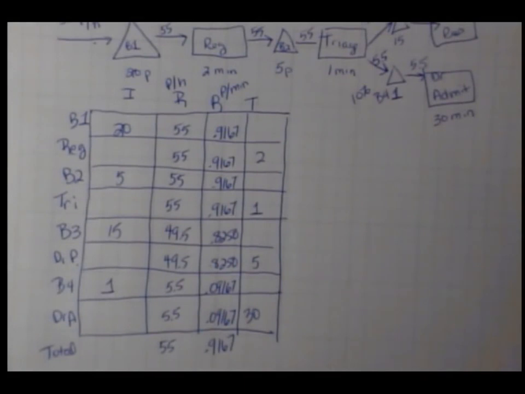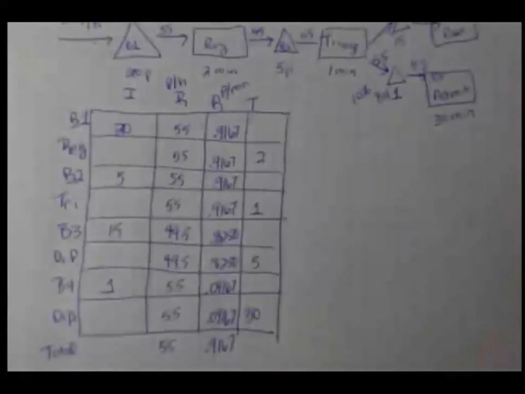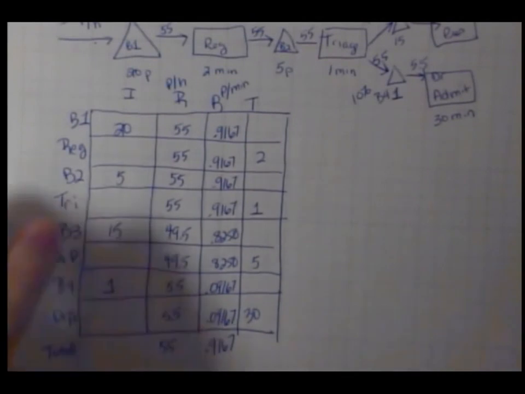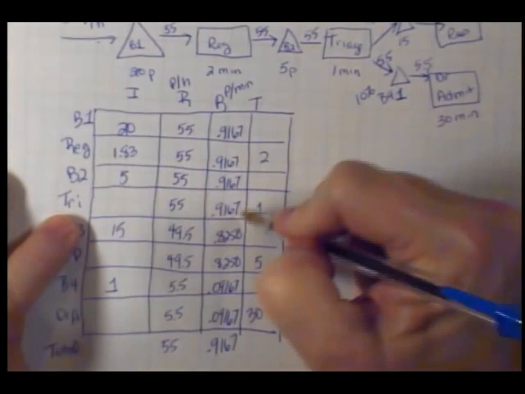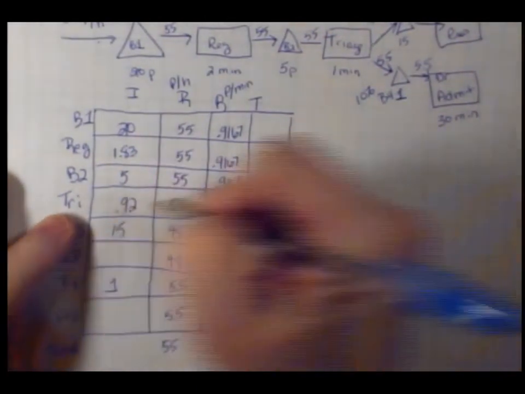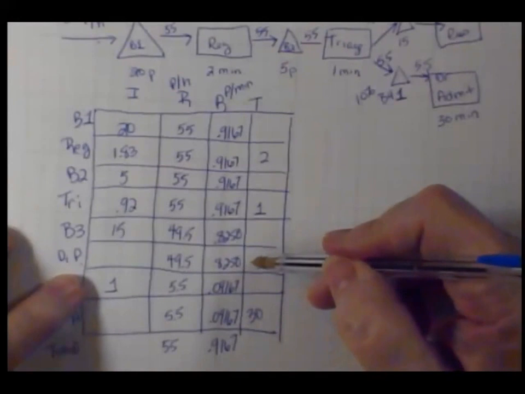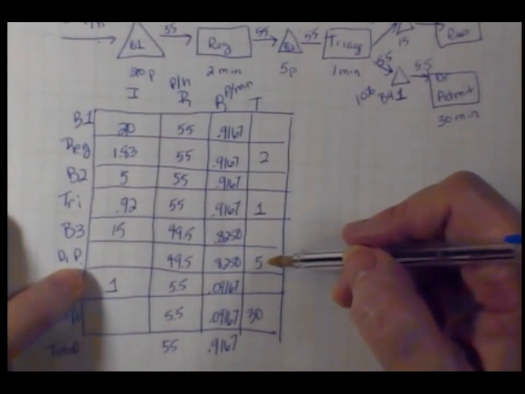So if I were going to figure inventory at registration, I'm going to take throughput times flow time: 0.9167 times 2 is 1.83. 0.9167 times 1 is 0.92. 0.8250 times 5 is 4.13.